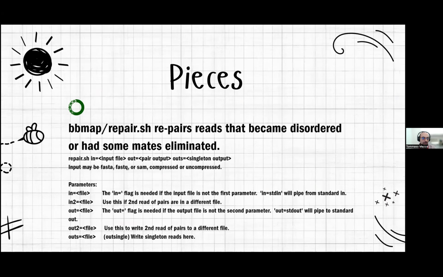You can have the mate as a singleton, in this case, read in the R2, for example. So if we use this tool, you can give as inputs the R1 and R2, for example, that have been recovered by means of FASTQ Wiper, and you obtain in out and out2 the repaired mates. But you also obtain in outs the singletons, that are the reads that are singleton.